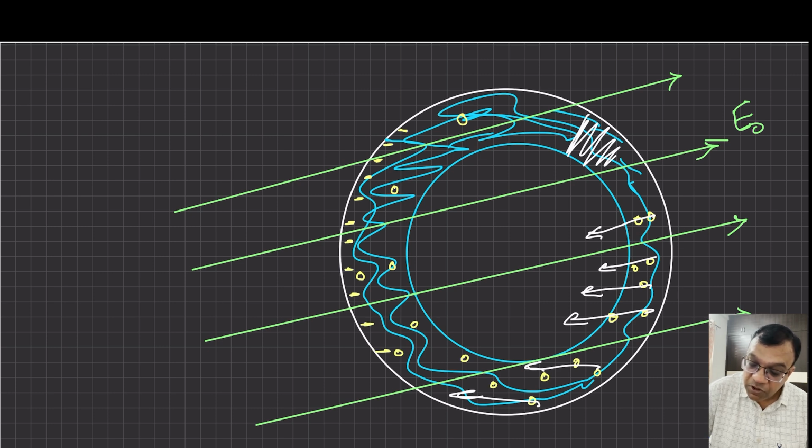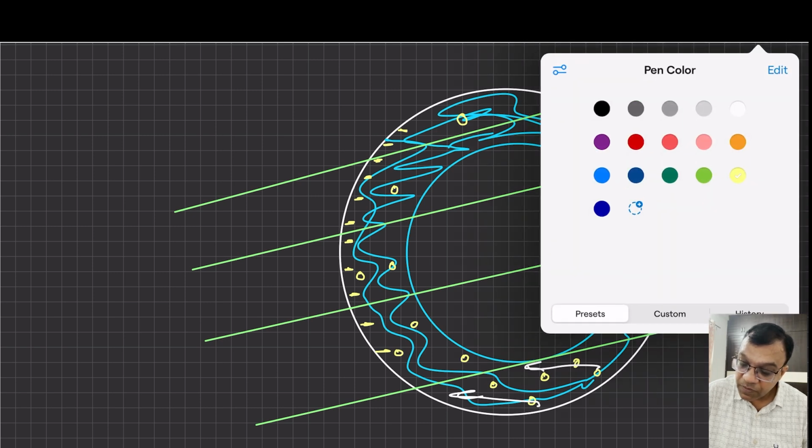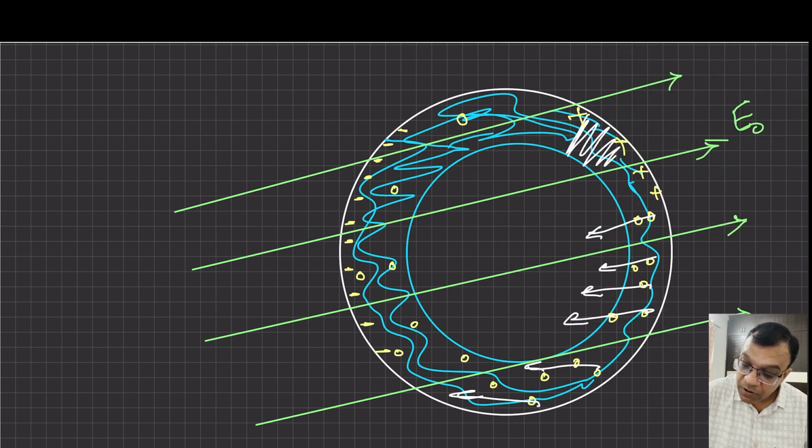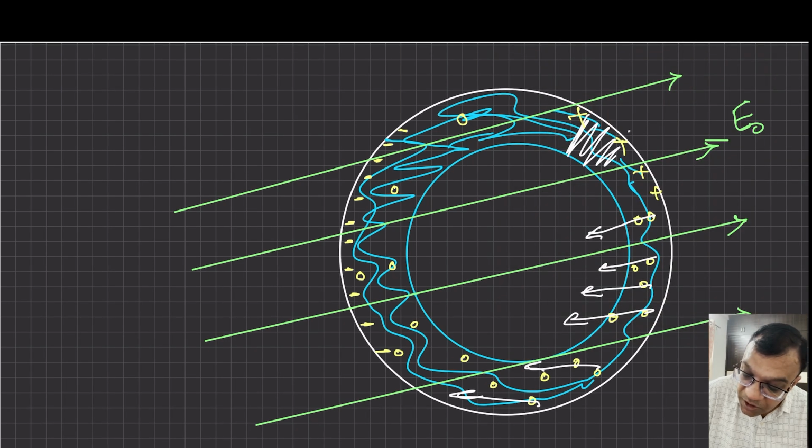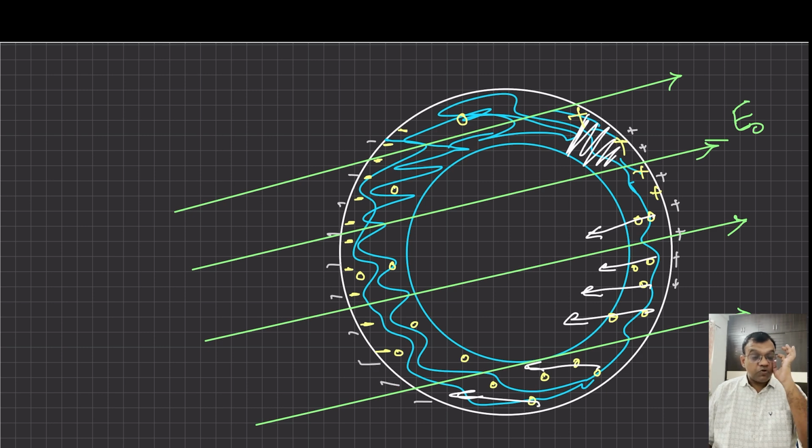And here some deficiency of electrons will take place. Here the deficiency of electrons, that's why little positive charges, and here the excess of electrons, that's why negative charges, it will come. So redistribution of charge takes place.